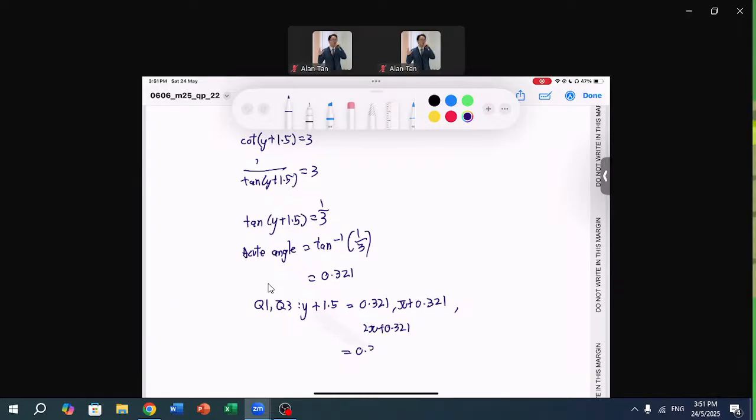So we get 0.321, which we're going to reject, 3.463 and 6.605.